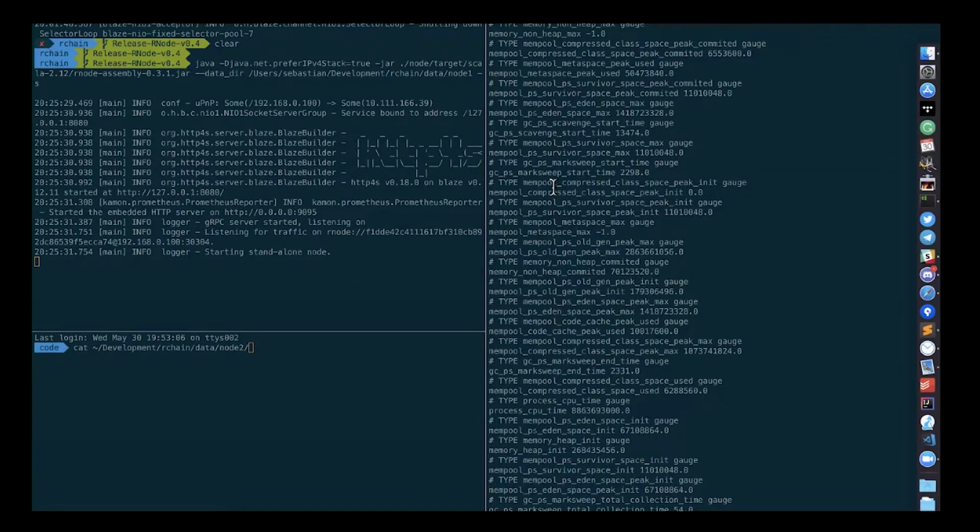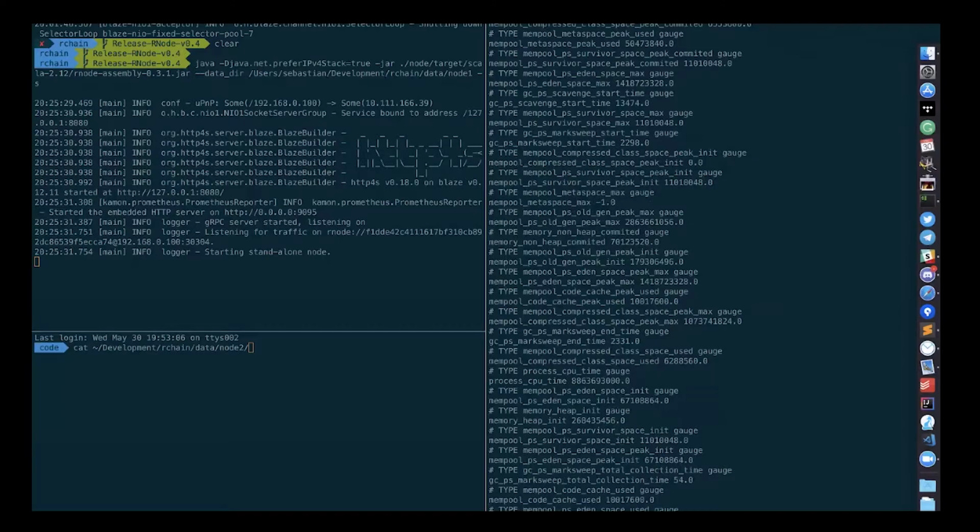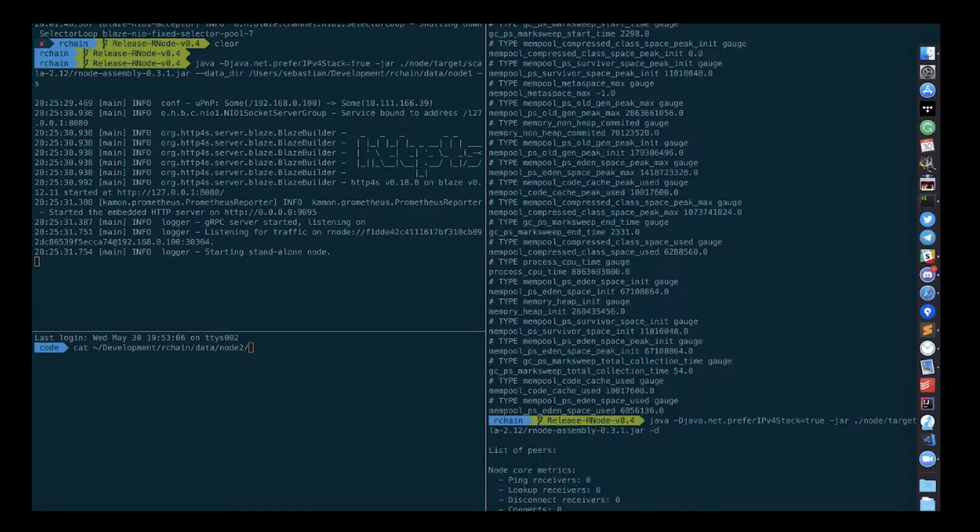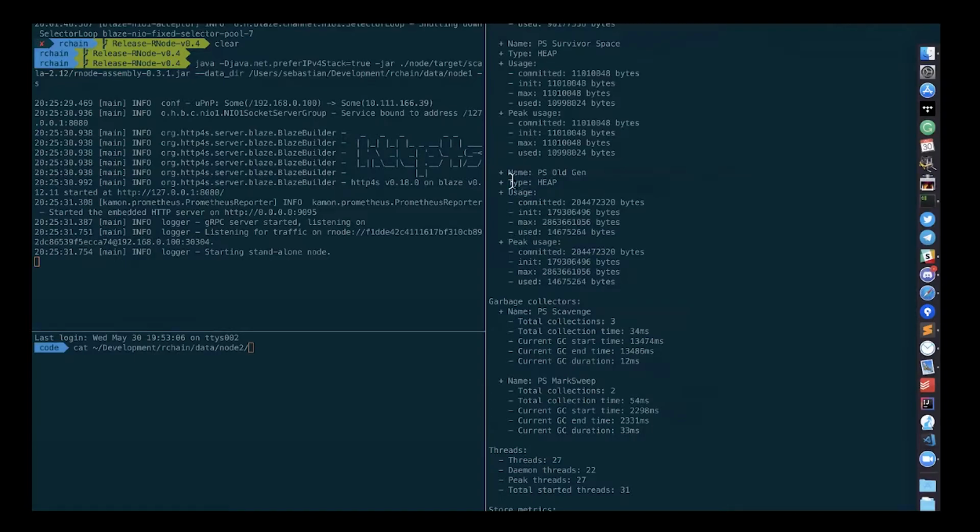To collect these metrics, just for presentation purposes, there is also a diagnostics option on our node with -d, where we can fetch the same metrics over gRPC. And this looks much, much better, I guess.